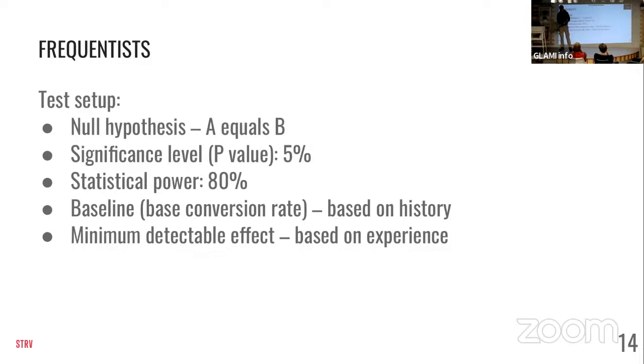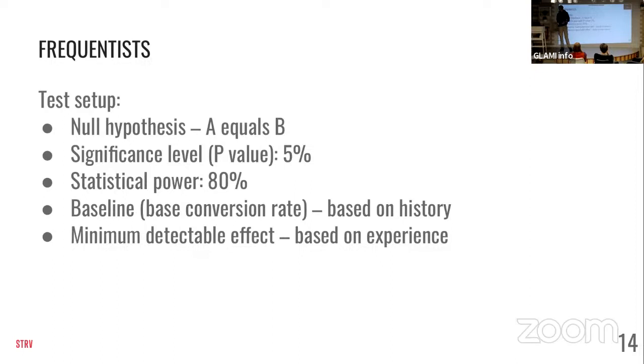And the power basically says, if in reality version B is actually better than version A, what is the probability that you will see it in your data? It's usually set to 80%. These numbers are purely from experience or history. There is no math behind these numbers.